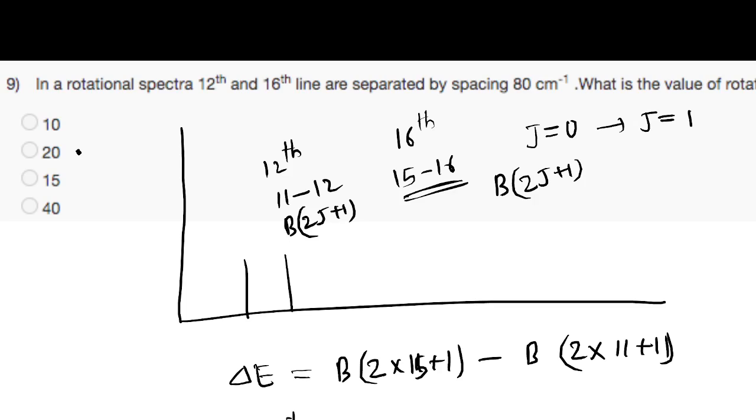So we are getting 31b and 23b. So 80 centimeter inverse is equal to 8b. So b is equal to 10. How did you get 20? I'm getting 10. Did I make some mistake?